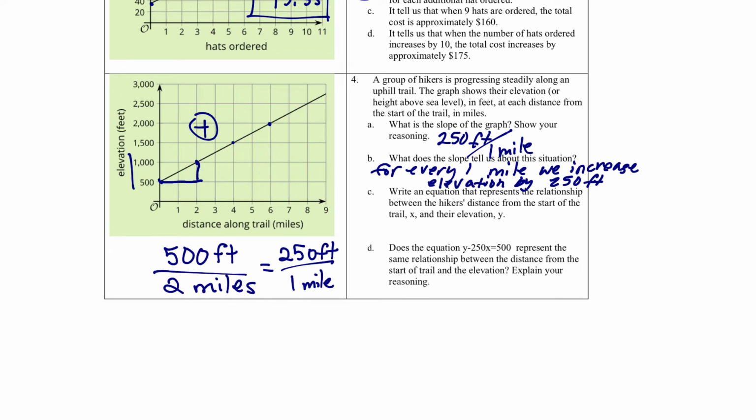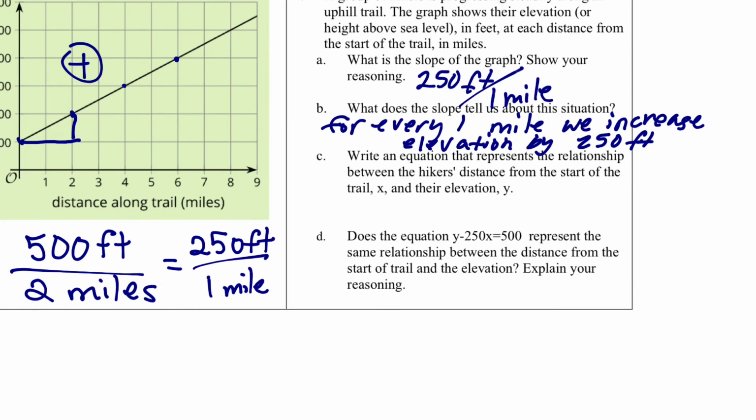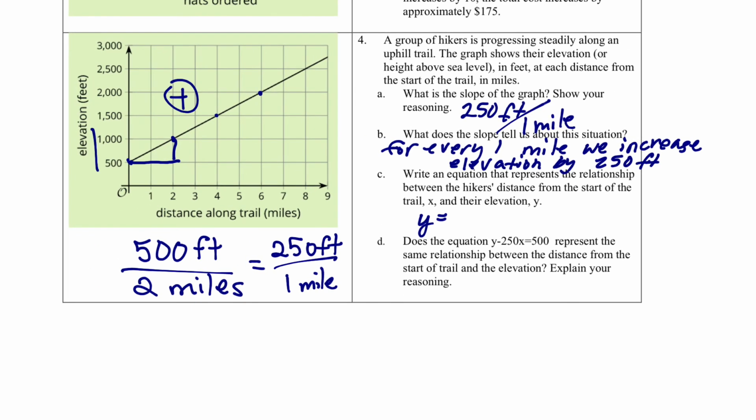Letter C says, write an equation that represents the relationship between the hiker's distance from the start of the trail, x, and their elevation, y. All right, so to do that, we're going to say y equals, it's our elevation here, y equals, and then our slope, which is 250 feet per mile, right? That's important to say.